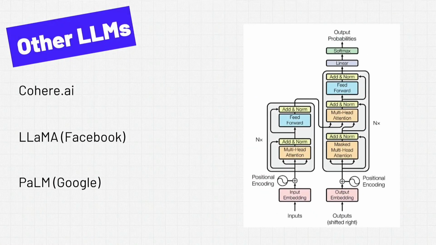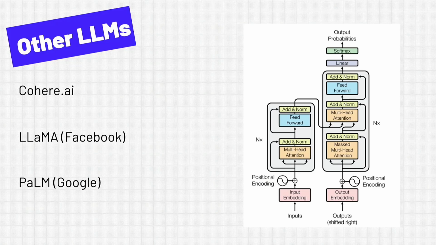Now, we've been focusing on GPT-3 and OpenAI's tools in this course, but I wanted to point out that there are some other interesting options. One is Cohere.ai. It's founded by one of the people who wrote a famous academic paper called Attention Is All You Need, which is really the basis for all of these large language models, big transformer models in AI.